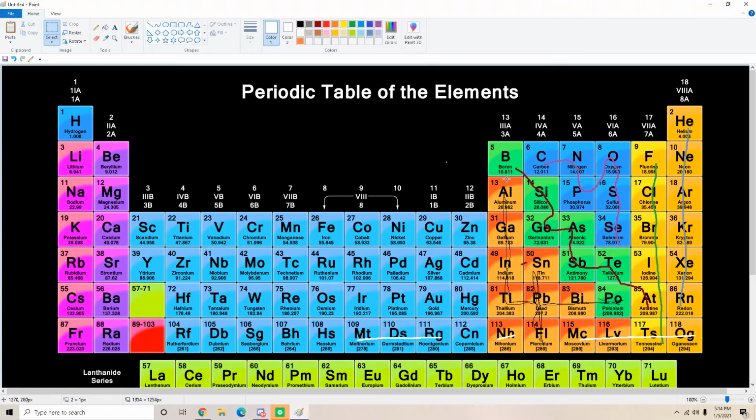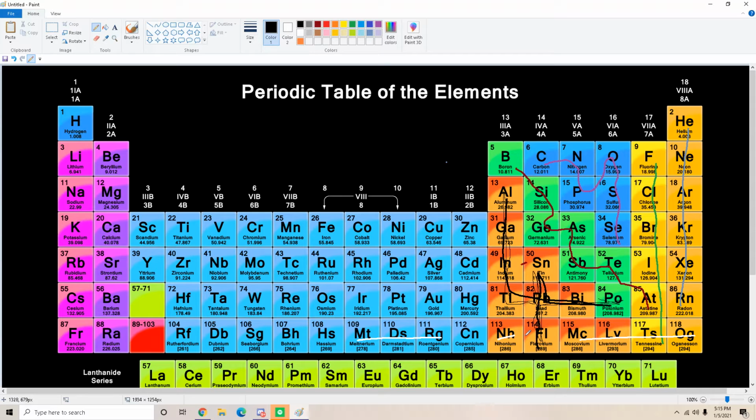As you can see in these black lines right here, I don't know if you guys can see it, these are called the post-transition metals. They are right next to the transition metals in groups 3 through 16 and periods 3 to 7.